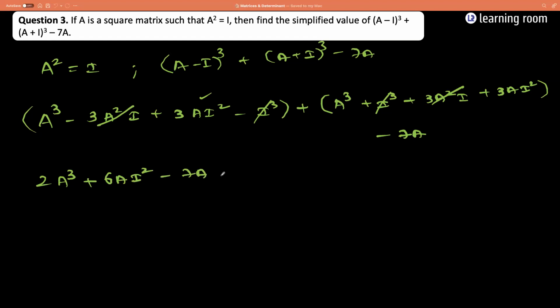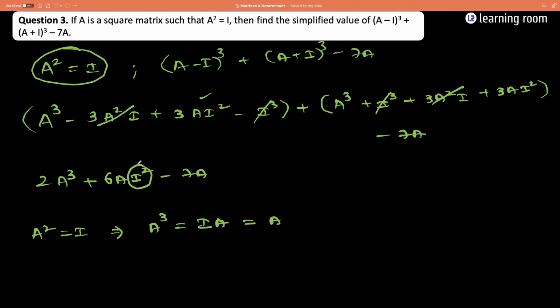Tell me now, what is A cube? A square is I. If A square is I, multiplying with A, post multiplication, I get A cube is equal to I into A, which gives me A. So A cube is A. What about A into I square? What is I square?